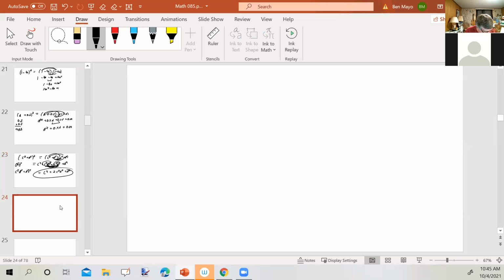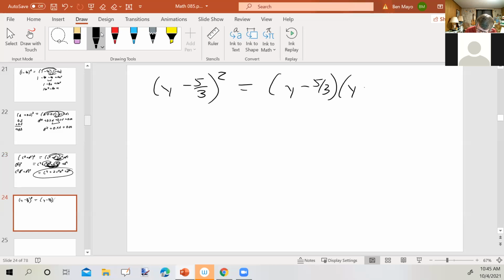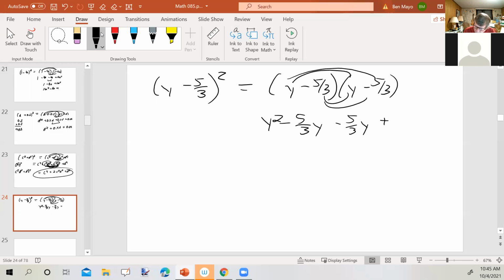Okay, how about this one? y minus 5/3, squared. So that equals y minus 5/3 times y minus 5/3, which is y squared minus 5/3 y minus 5/3 y minus 5/3 times minus 5/3, it would be plus 25/9.